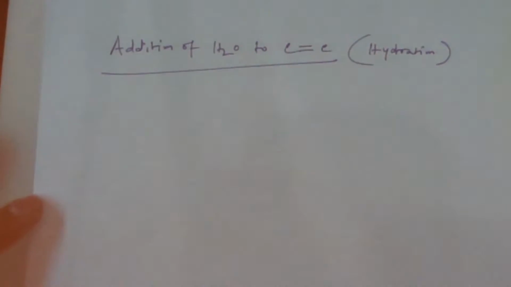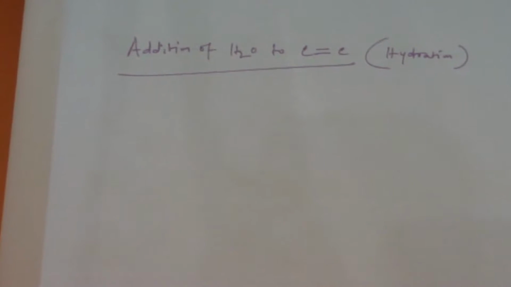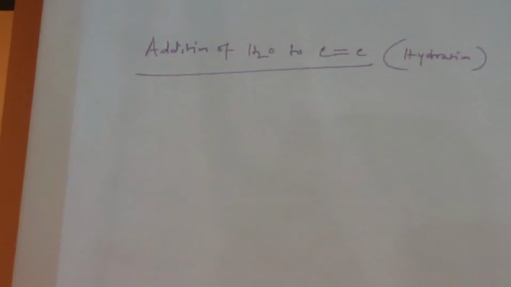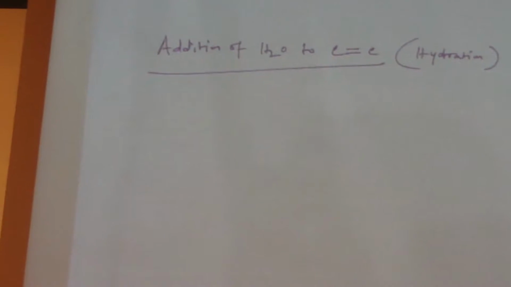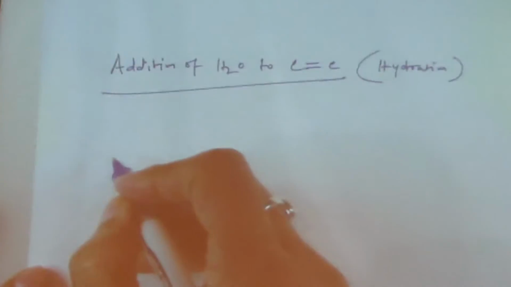In other words, this is a hydration of an alkene. The hydration follows the same kind of process as the hydrogen halide addition, except that here, rather than a chlorine, you are adding an OH. So you can see that almost any alkene can undergo this.